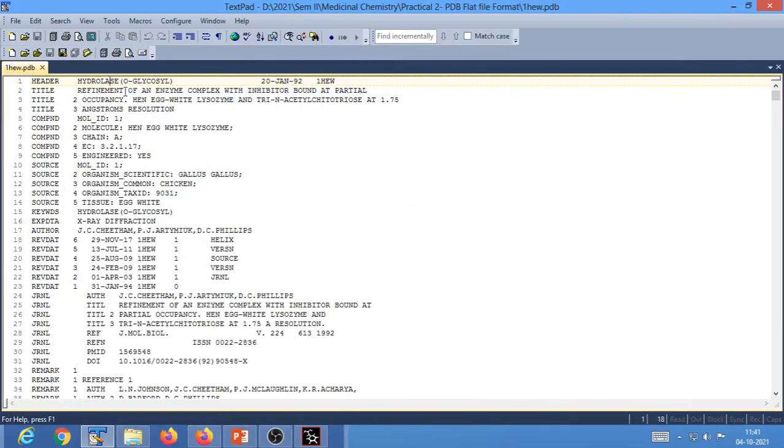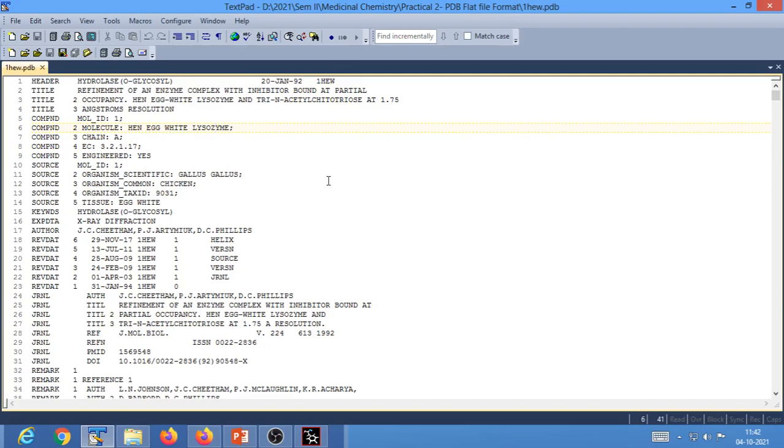belongs to an enzyme called lysozyme. This lysozyme was derived from the white portion of the hen egg. It is crystallized and deposited in PDB, and that is what you have downloaded.